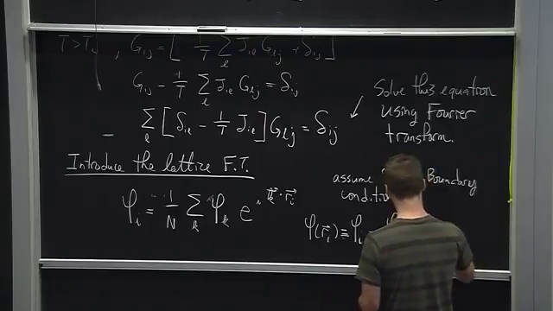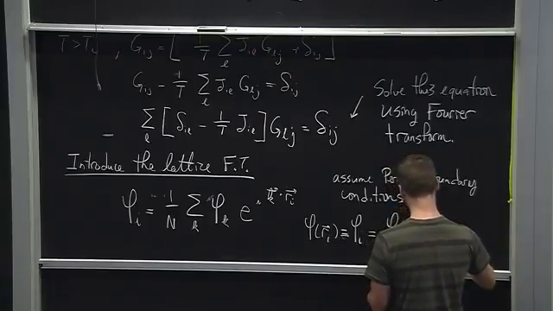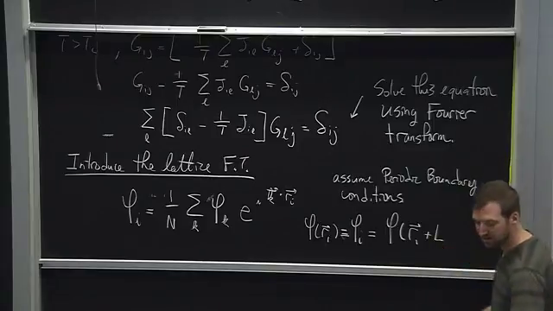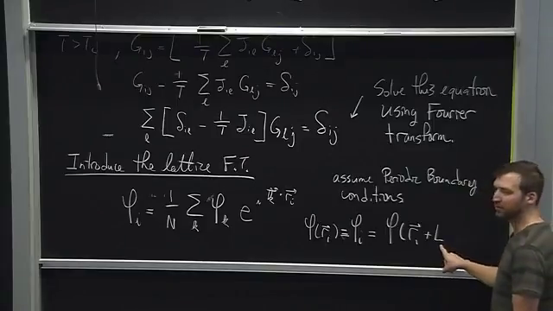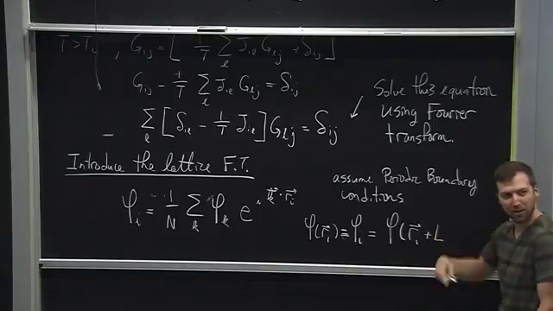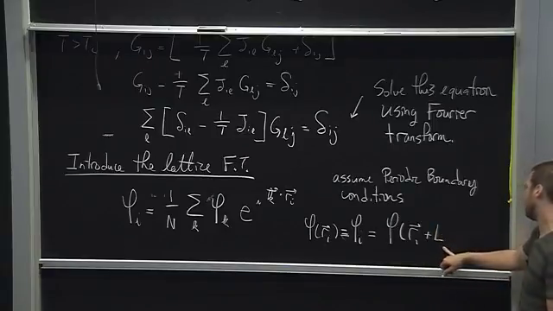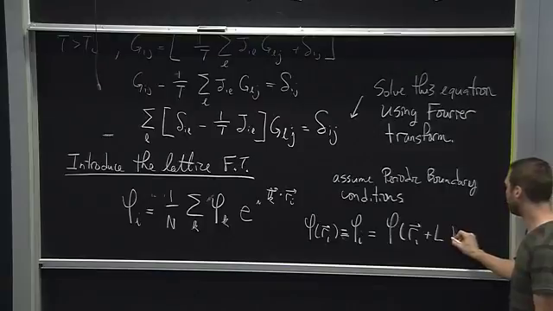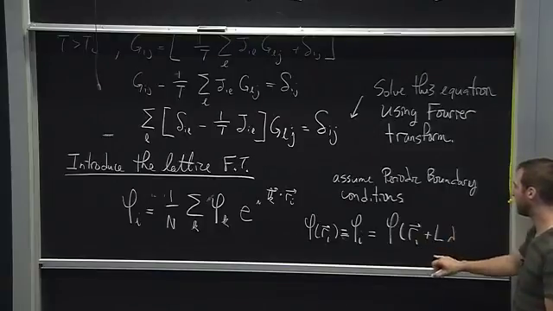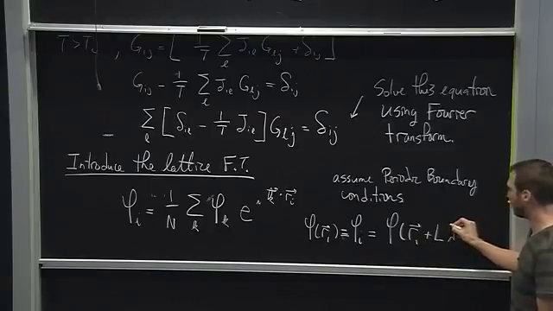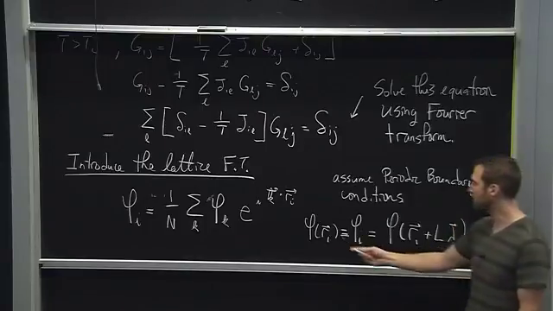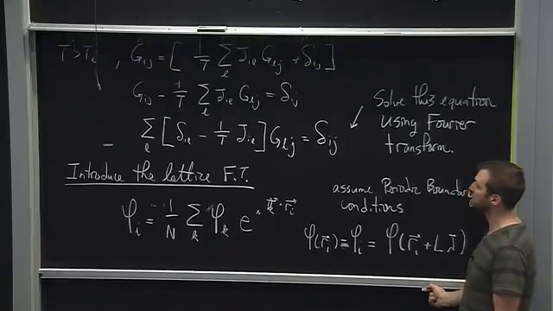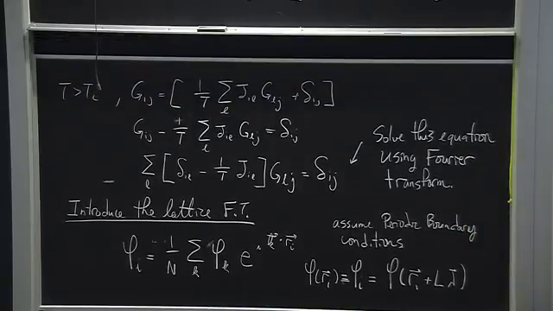And if I translate through the system by the linear size, L, so an L by L by L by L hypercube, in some direction, lambda, I'll use for a unit vector, then that field should be equal to its value before that translation. So L is the linear size of the system, and lambda is the unit vector.